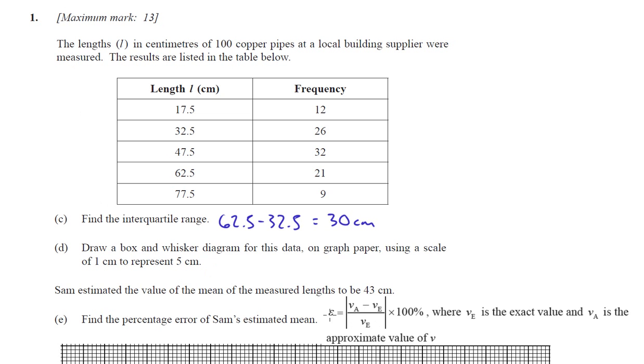So here's our percentage error: VA, which is the approximated value, minus VE, the exact value, divided by VE, and it's the absolute value of that, and then multiply that by 100% to find the percent. So the VA is the approximate value, so he estimated the mean to be 43, so we would do 43 minus, oh sorry, VE is the exact value, right?